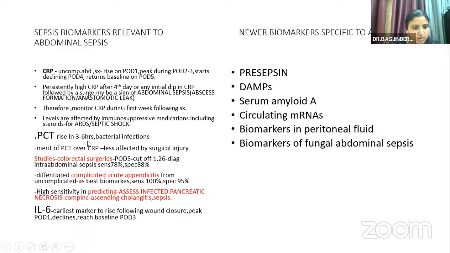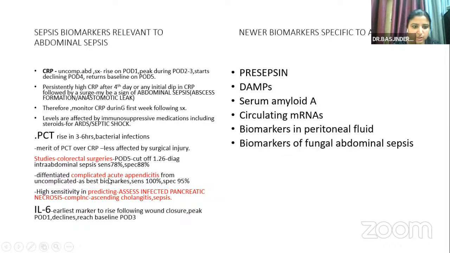Next is PCT. It rises in 3 to 6 hours and is a good indicator for bacterial infections. Its only merit is that it is less affected by surgical injury as compared to CRP. Studies have shown that in colorectal surgeries on post-op day 5, with a cutoff value of 1.25, with a sensitivity of 78% and specificity of 88%, PCT could diagnose intra-abdominal sepsis.